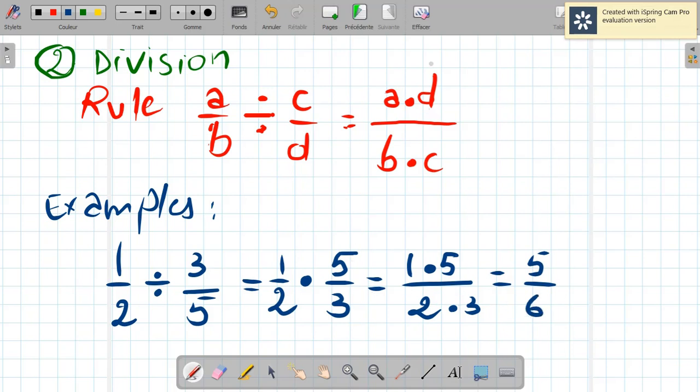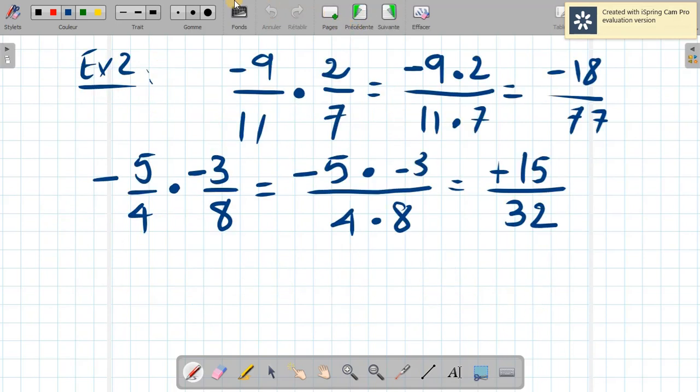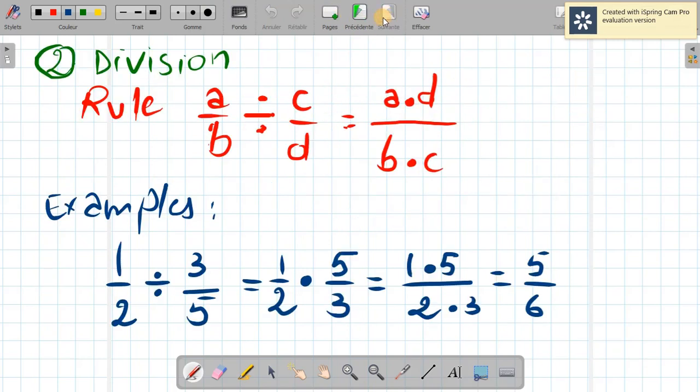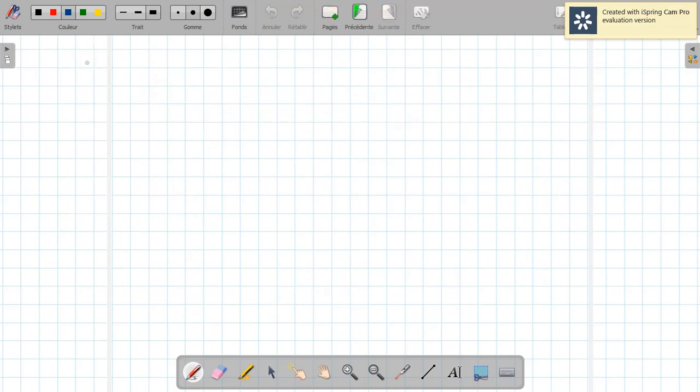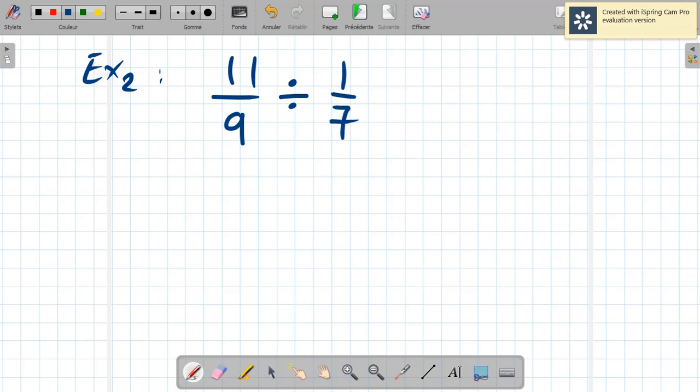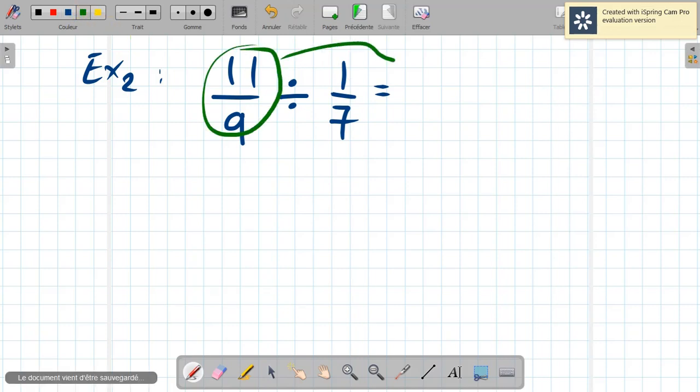Now let's give another example. Example 2. If you have, for instance, 11 over 9 divided by 1 over 7, what you do is take the first rational number and write it here, 11 over 9.